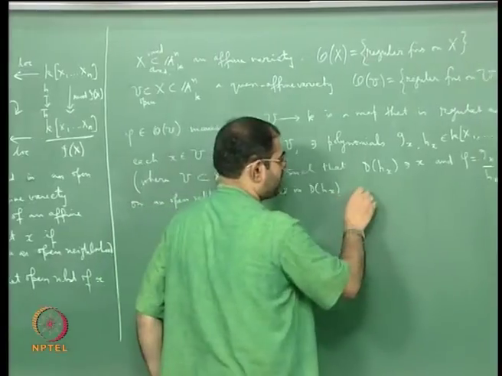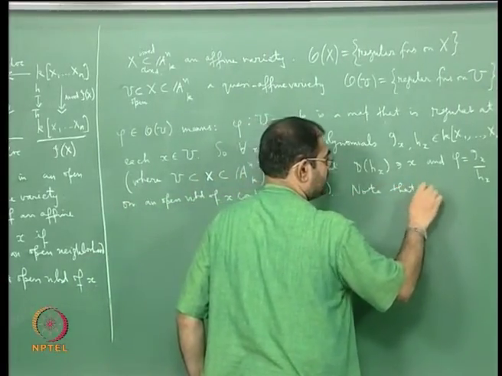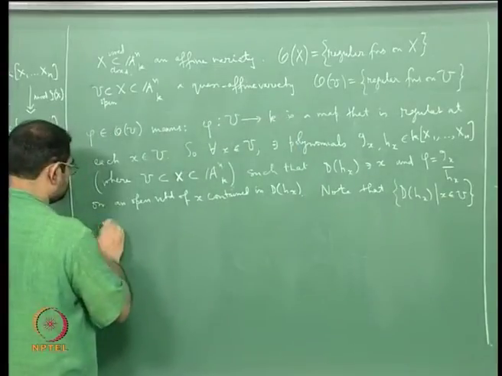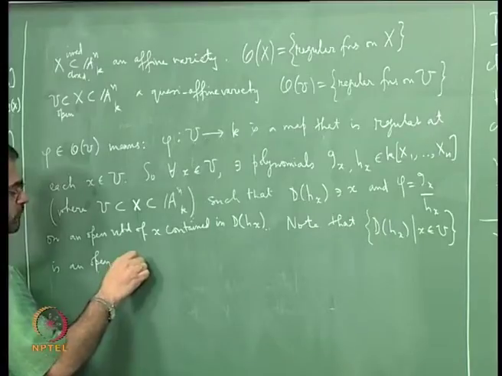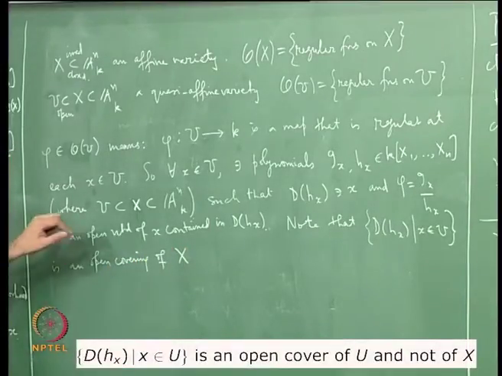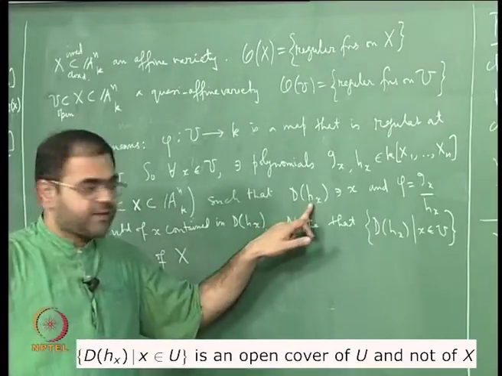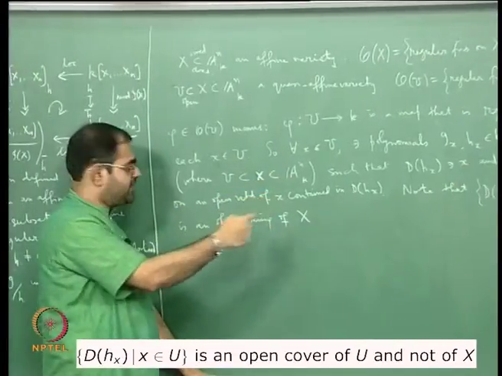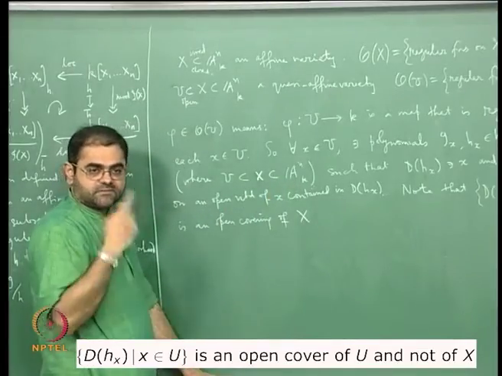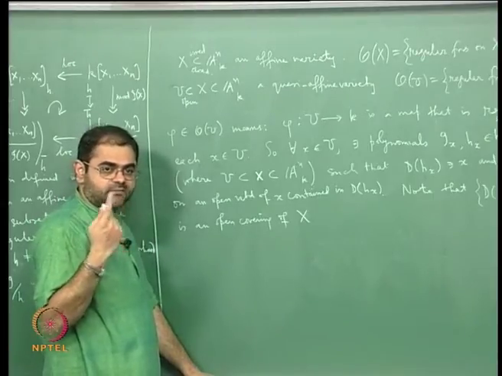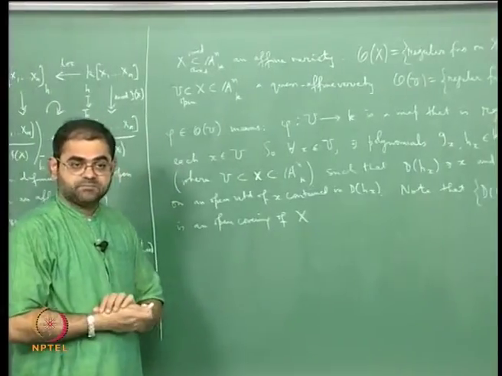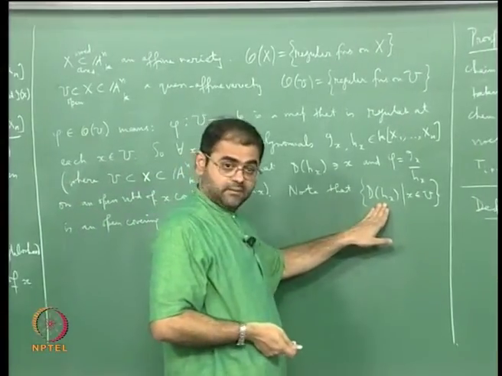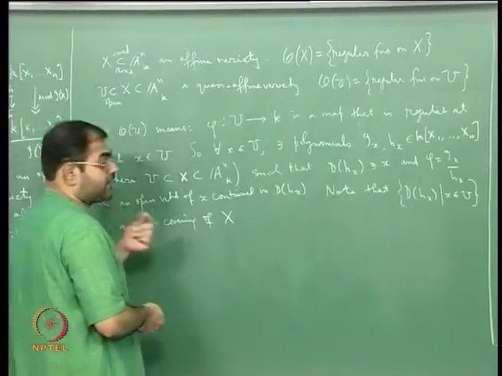Now note that the D(h_x), where x is in U, is an open covering of U, because for every point small x I am getting this h_x such that the basic affine open set D(h_x) contains x, and this is considered in the affine space of that dimension, with that number of variables in which you have taken the polynomial h_x. Since such an h_x exists for every x in U, all these D(h_x) cover U. But then what do we know about the Zariski topology?